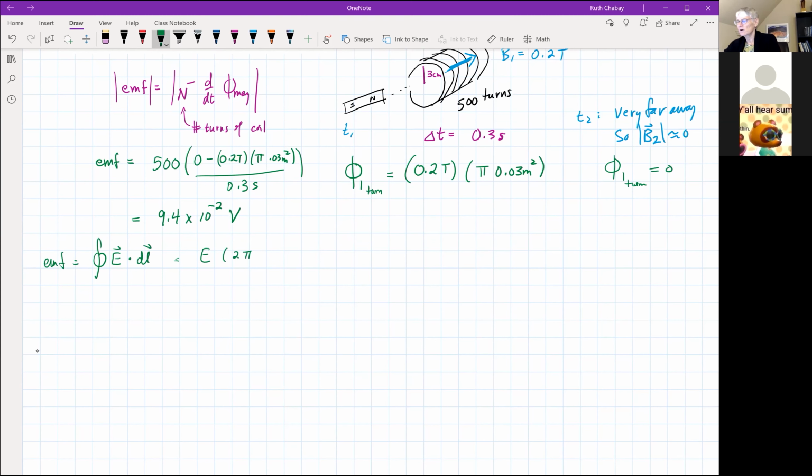So it'd be 2 pi times 0.03 meters times 500. And so if that was 9.4 times 10 to the minus 2 volts, this is the circumference of one loop times N loops. So we can divide this by that and get the electric field, which will be small.